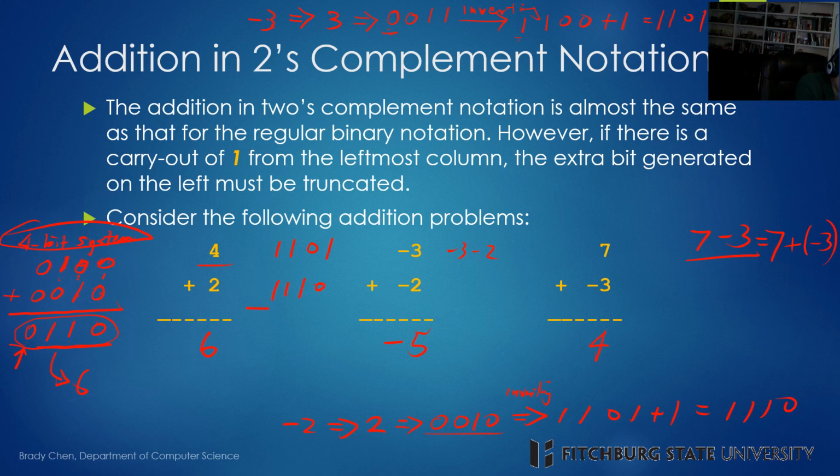So let's add the two numbers. 1 plus 0 is 1. 0 plus 1 is 1. 1 plus 1 is 0, and I carry 1 to the next position. Then 1 plus 1 plus the carried 1 is 1, and I carry 1 to the next position.